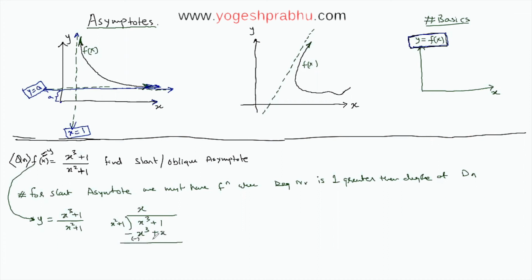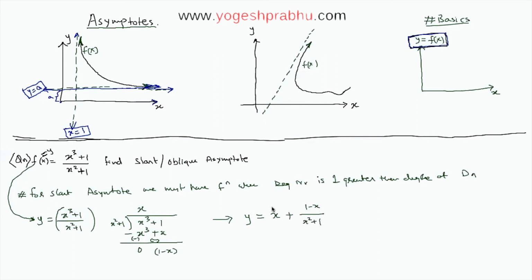This will become negative. The x cube and minus x cube becomes 0, and this will be 1 minus x. So I got this as 1 minus x. Now this is the remainder. As soon as you get to this level, you stop solving. And now this very division can be written as y is equal to the quotient x, plus the remainder (1 minus x) divided by (x squared plus 1).